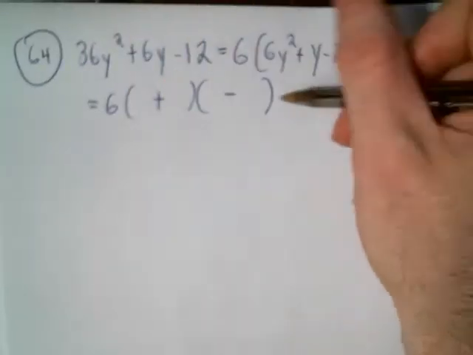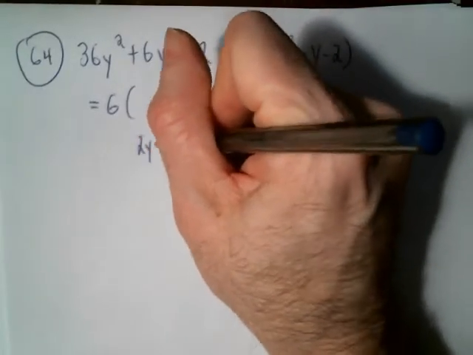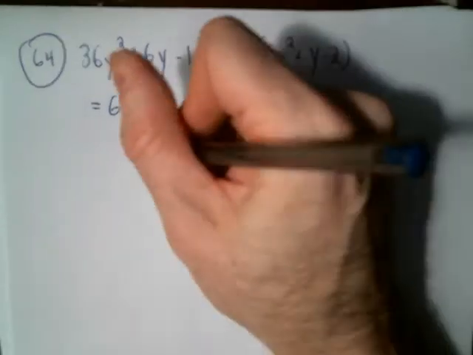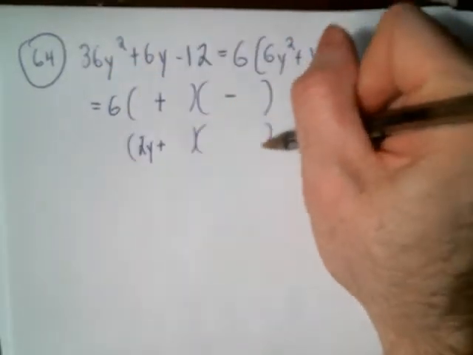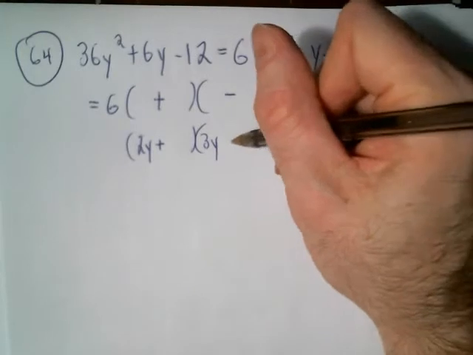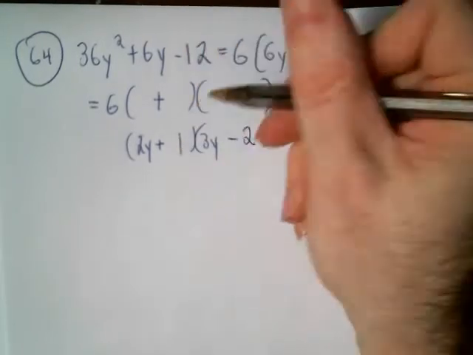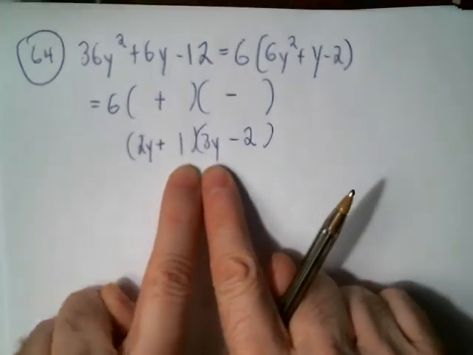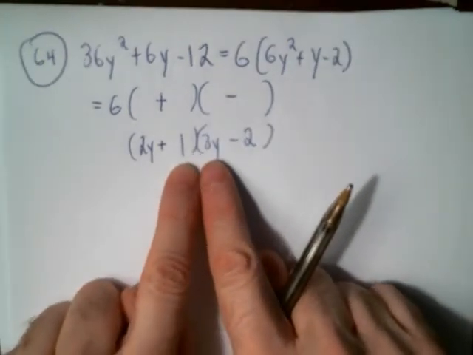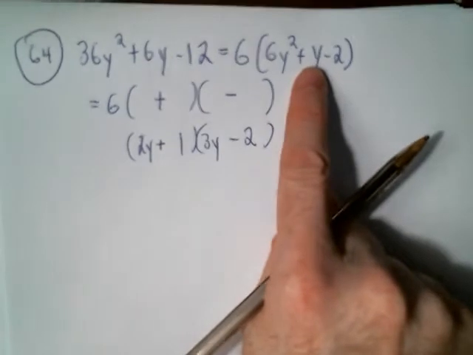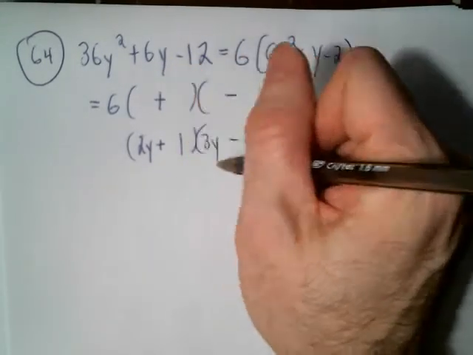So we'll go 2y plus something, 3y minus something. So we want the 2's on the outside and the 1 in the middle. This will be 4, and then minus 3 or plus 3. And hopefully that'll give us the 1y. So let's see what it does.